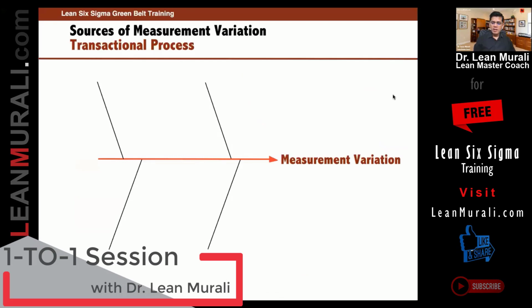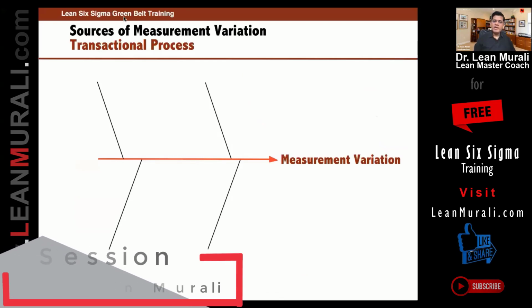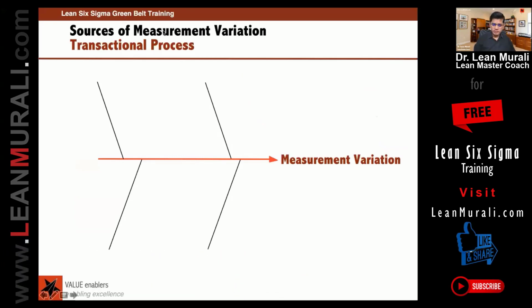Okay. Now when we come to the transactional process, I want to just highlight, because in many of the books, the transactional process measurement variations are not given. I wanted to give a piece of this.